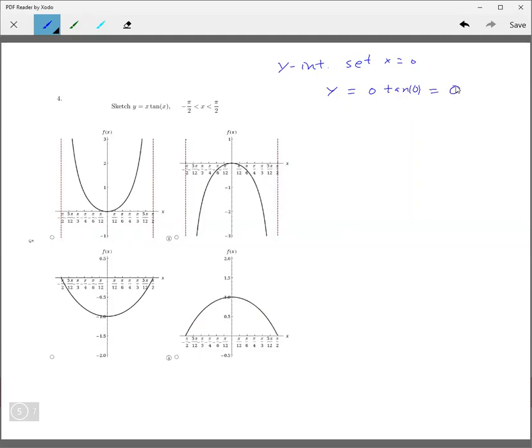This is just 0. Okay. So this one works, and that one goes to 0. This doesn't, and that doesn't. So that means those two are out.